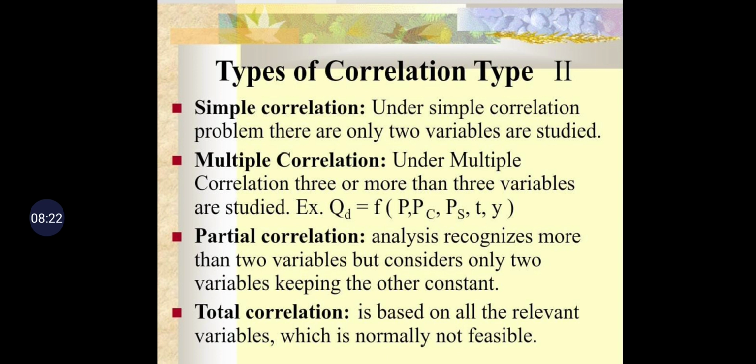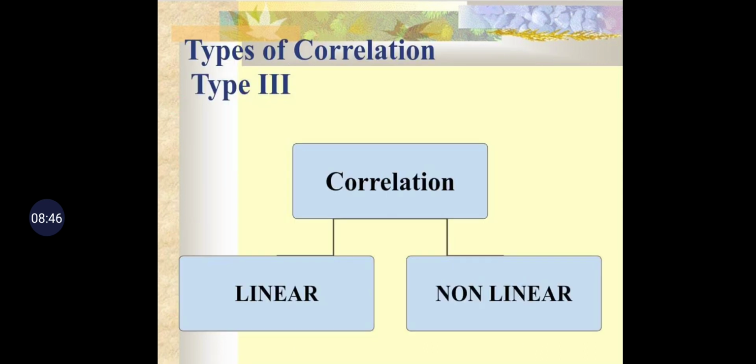The partial correlation analysis recognizes more than 2 variables but considers only one variable, keeping the others constant. Total correlation is based on all the relationships among variables, which is normally not feasible.